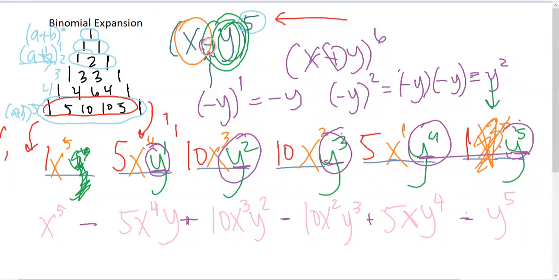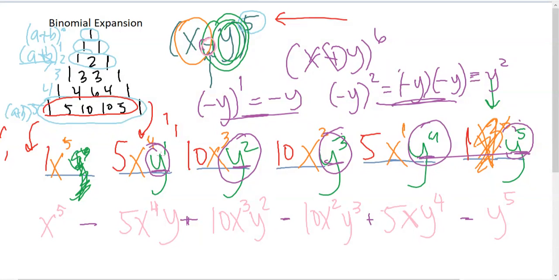So in other words, when looking at something that has a subtraction sign versus an addition sign, another way to think about it, instead of just looking at what power the negative term is raised to, is this: when the negative term is raised to an odd power, it's going to be subtracted, versus if it's raised to an even power, it's going to be added.